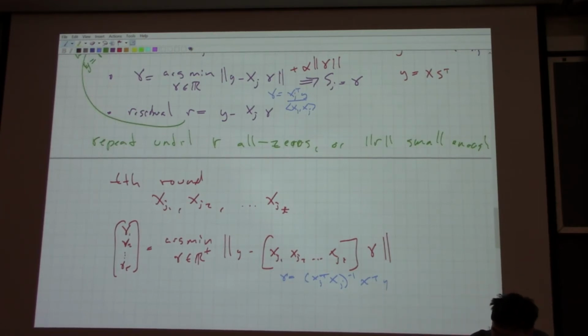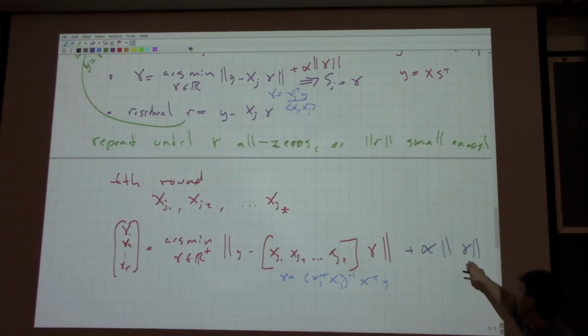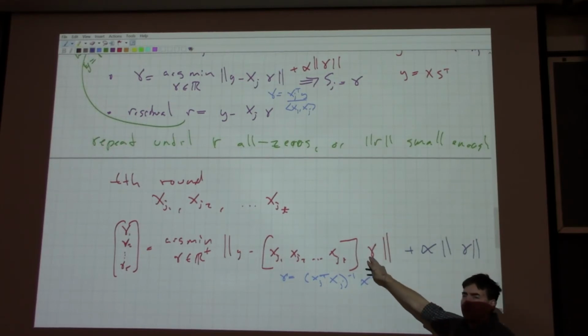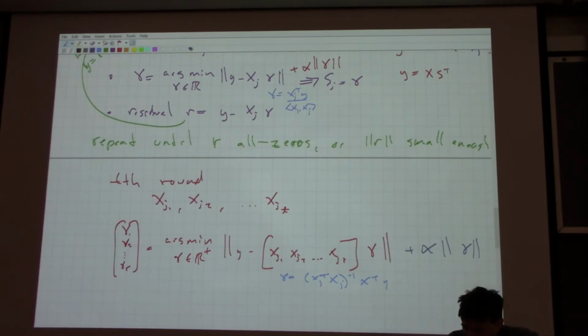But again, probably what I'm going to want to do is add this regularization term where I want to penalize gamma for being large in all coordinates. What I haven't specified yet is that this is now not just a value, it is a vector. So I want to say that this is the 2 norm and this one is the 1 norm.